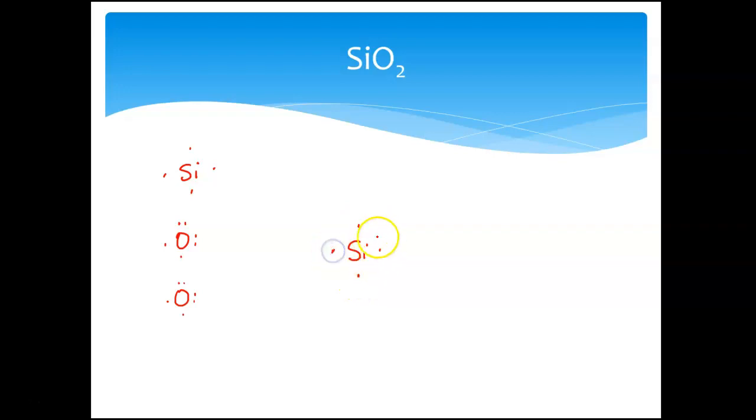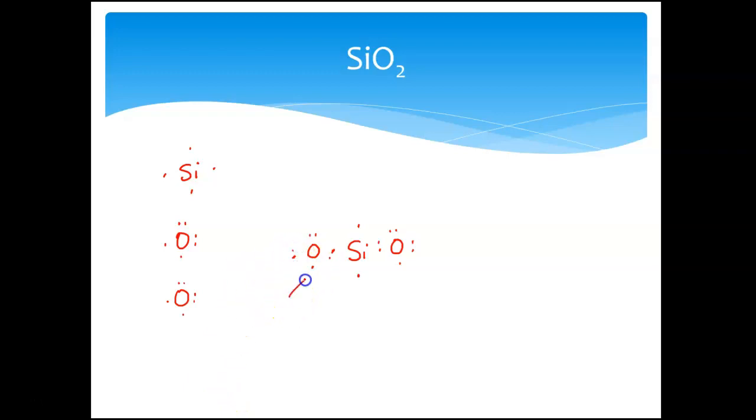And what I'm going to do is I'm going to build on opposite sides of it. So rather than add silicon, oxygen, and an oxygen, I'm actually going to put one oxygen on one side, and that's something I always want you to do. Consider this silicon, the least electronegative, what we call our central atom. And for that reason, you want to surround your other atoms with that silicon.